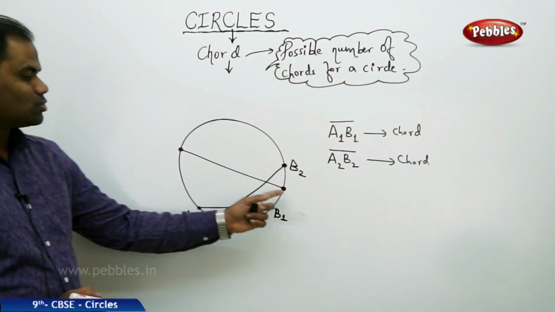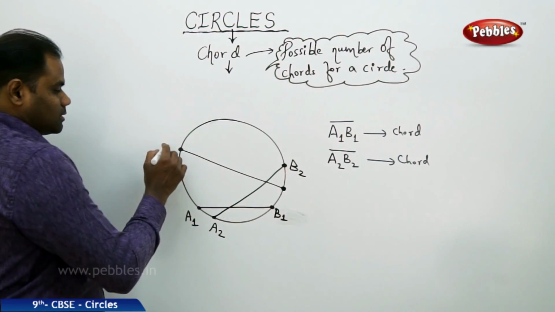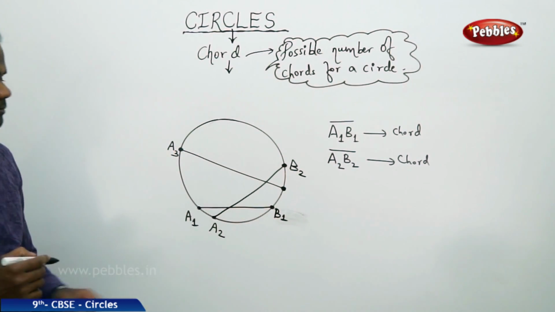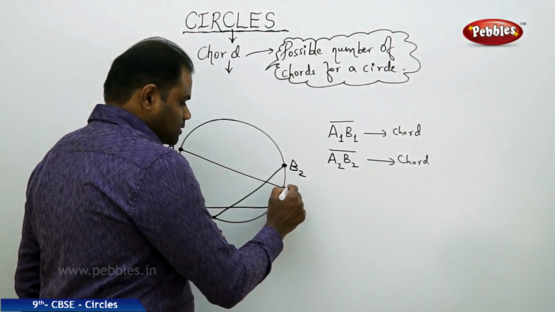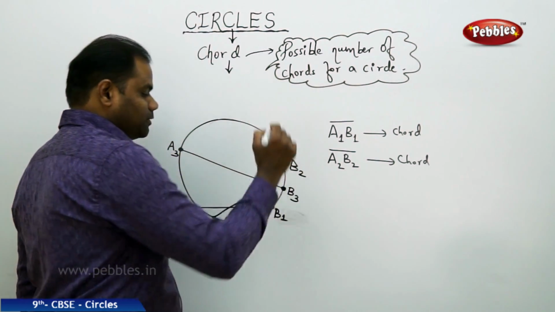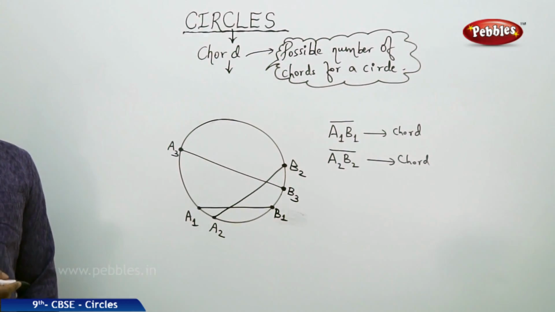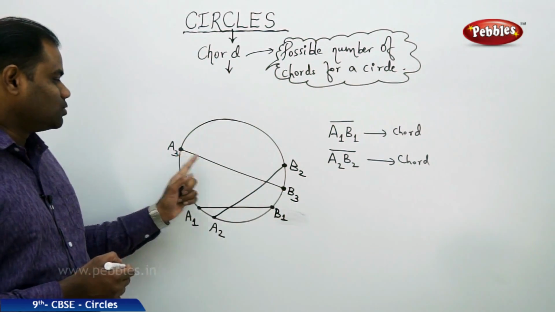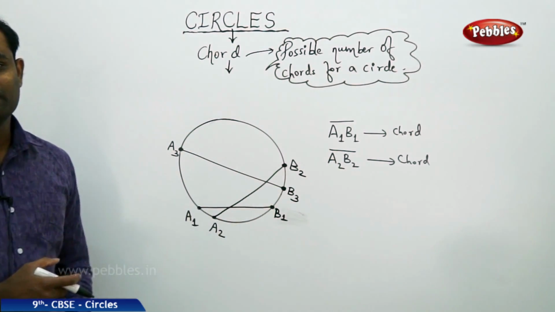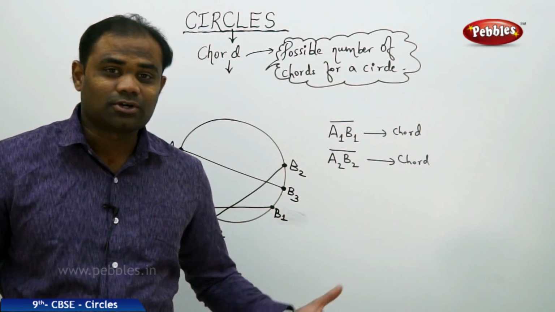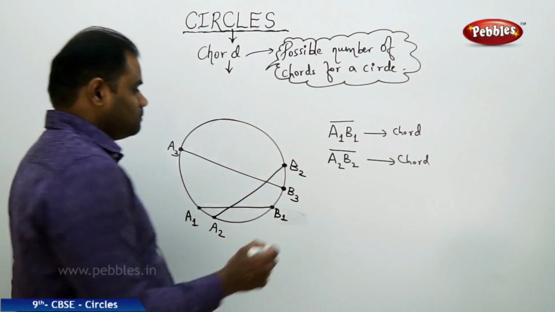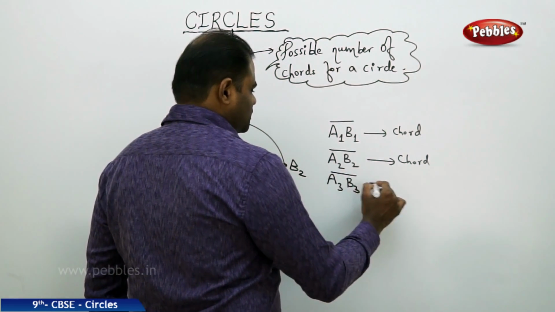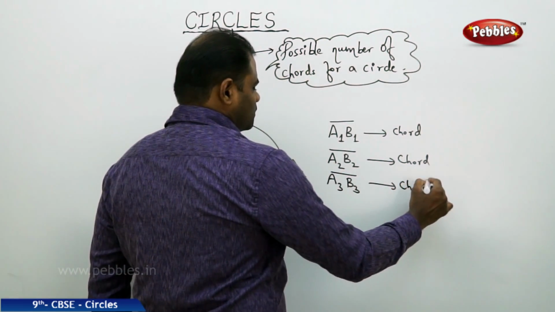So this point on the circle is denoted by A3 and this point on the circle is denoted by B3. Clearly this also forms a chord because this line segment is obtained by joining the 2 points on the circle and hence by definition is a chord. Therefore A3 B3 is also a chord.